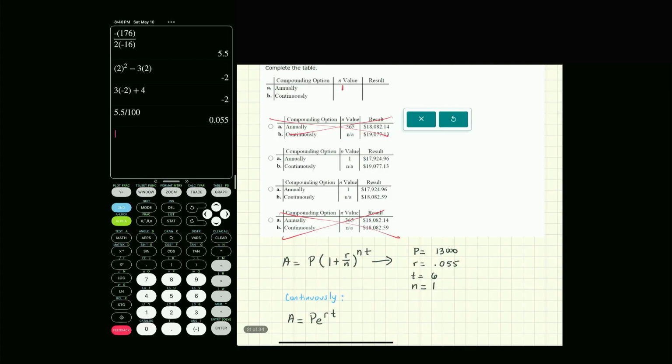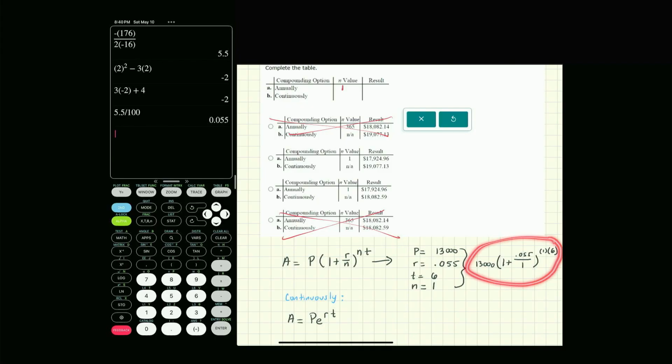And we just plug that into the formula. So we're going to have P times (1 plus r, 0.055 over n, which is 1) raised to a power of n, which is 1, times t, which is 6. Hopefully you can see that. And at that point, we go straight to our calculator. We're not messing around here.